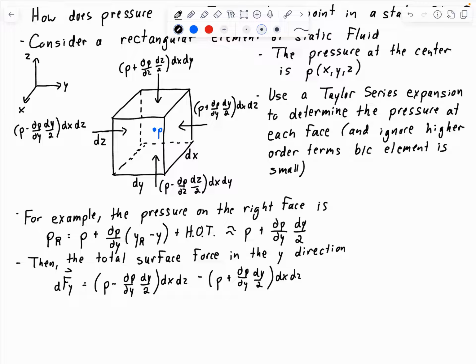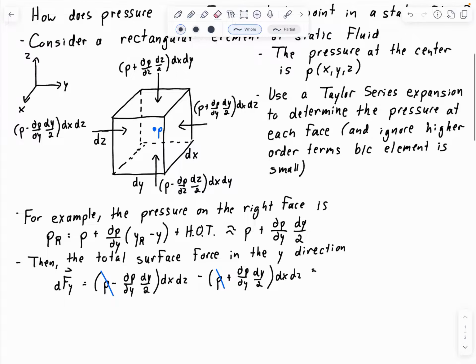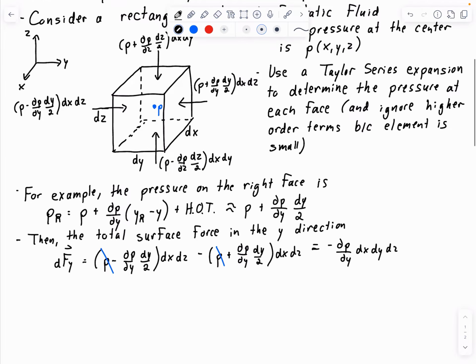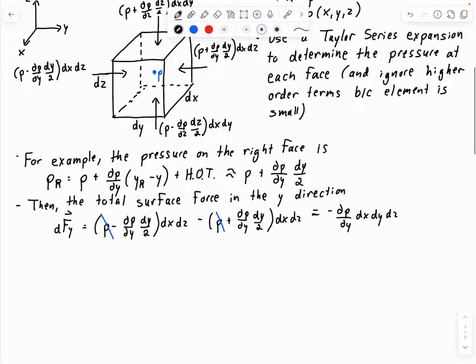And when we do this, we see that this pressure term cancels out with this pressure term, and we're left with some terms that combine with each other to get minus del P by del Y times dx dy dz. So the dy over 2 and the dy over 2 have combined to give us this expression here. So this is the total surface force in the Y direction.